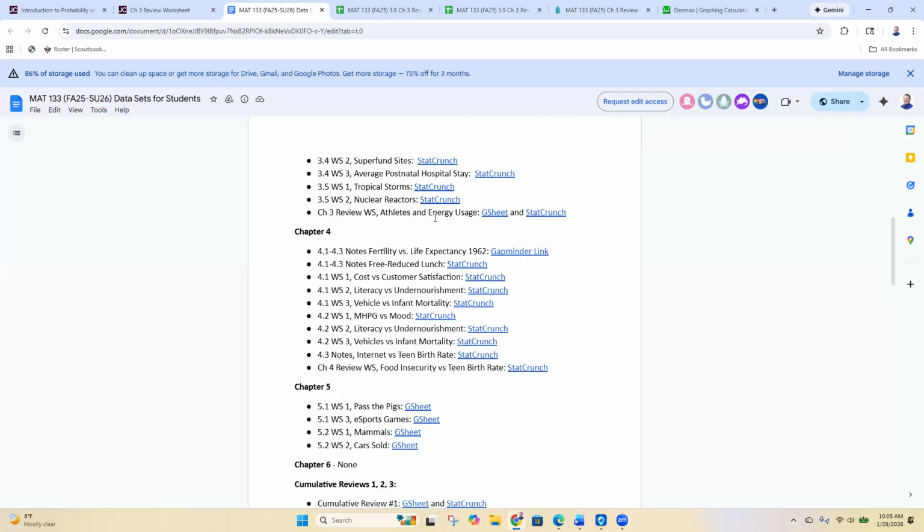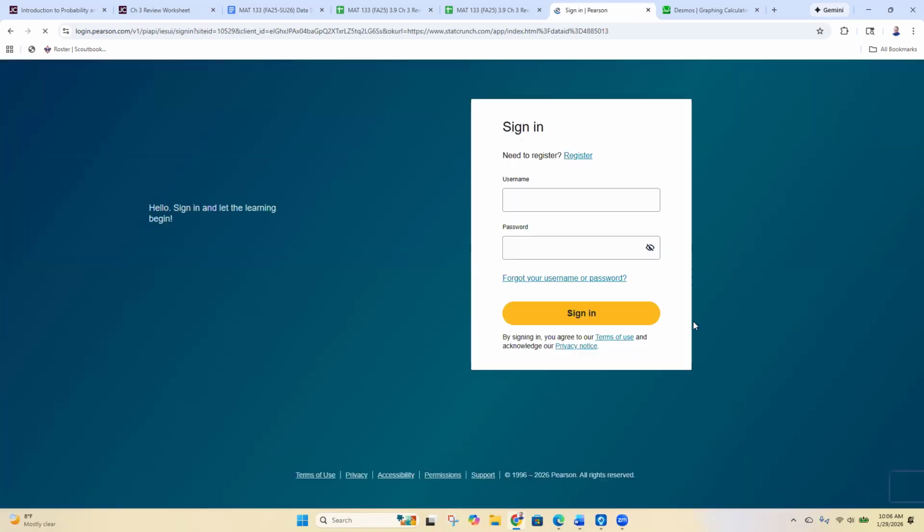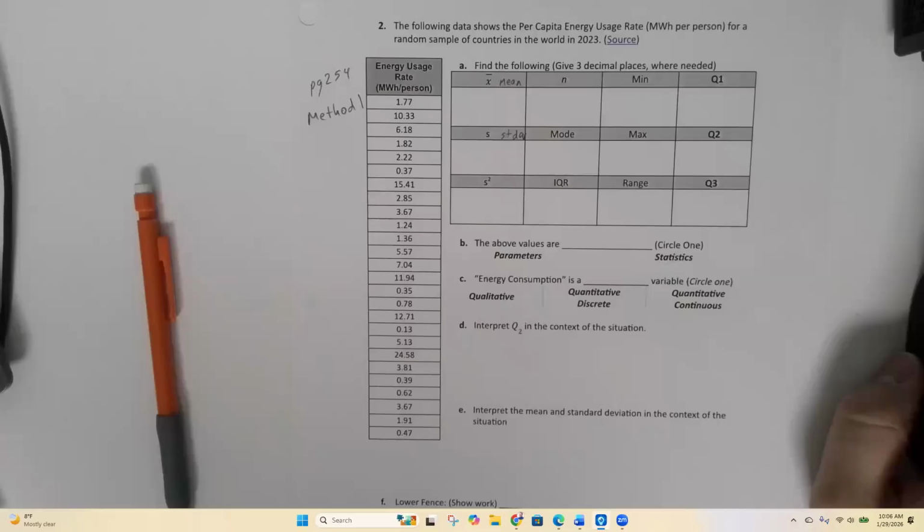On the chapter 3 review worksheet, there's a link here for StatCrunch, and when you click on it, it brings you here, and this is exactly that same column that we were looking at a second ago. It's the energy usage rate. Okay, so make sure you sign in or register, enter your username and password, and then you'll be able to do method 1 for StatCrunch, for all of this data.